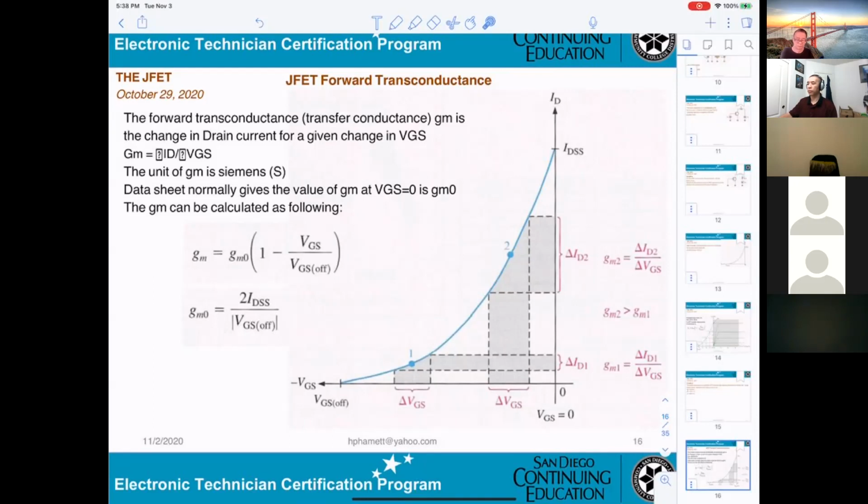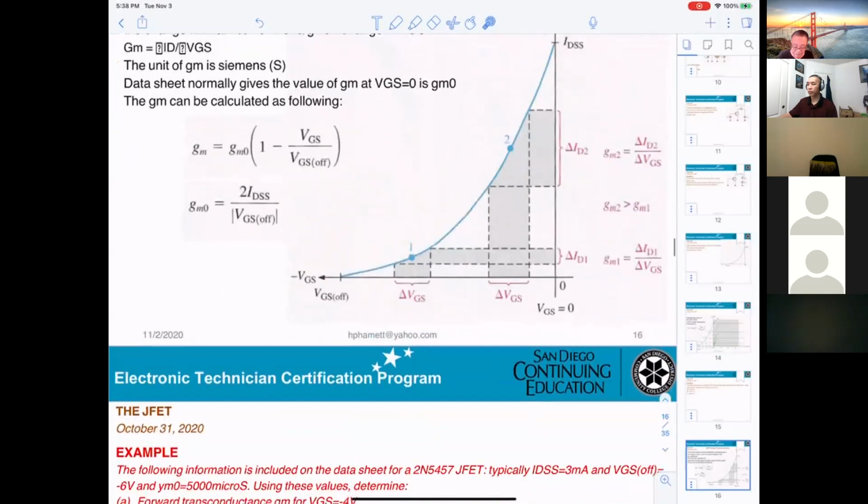Can you explain what is forward transconductance? Transfer conductance GM, what is GM physically? It's the transconductance. This is the curve for what?